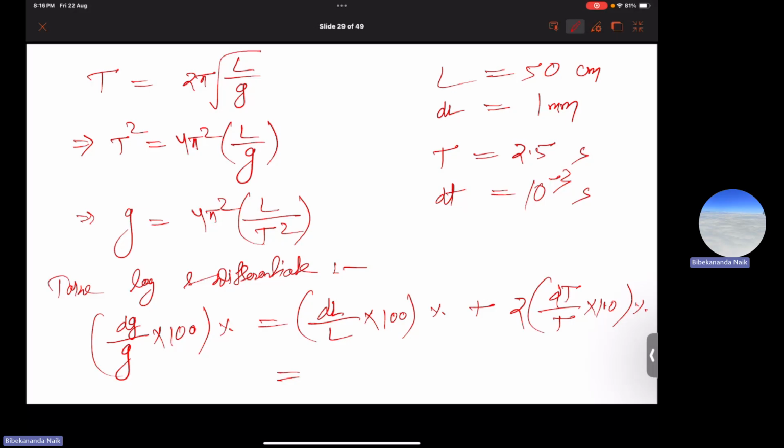So if you put the values, 1 mm means it is 0.1 centimeter, because the units will be same in numerator and denominator, so it is 0.1 divided by 50 into 100% plus 2 into 10 to the power minus 3 by 2.5 into 100%.